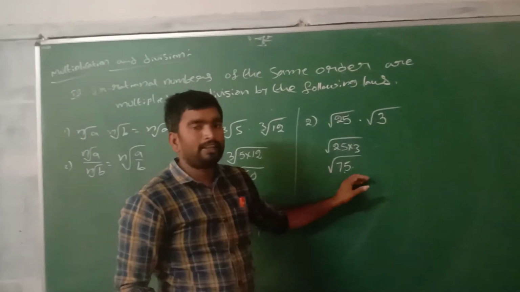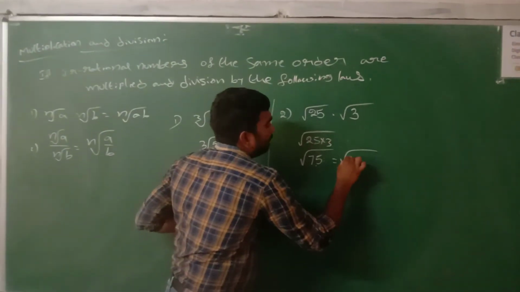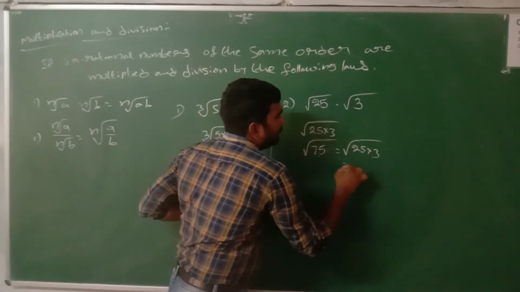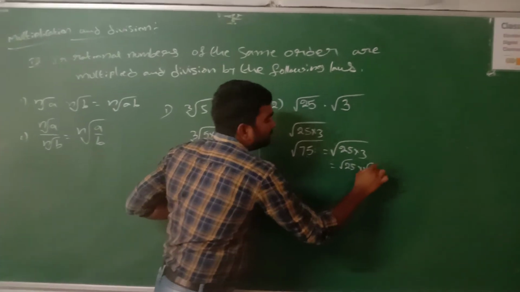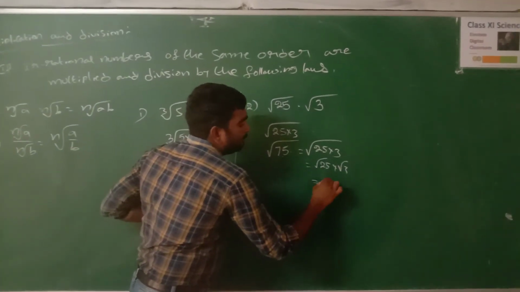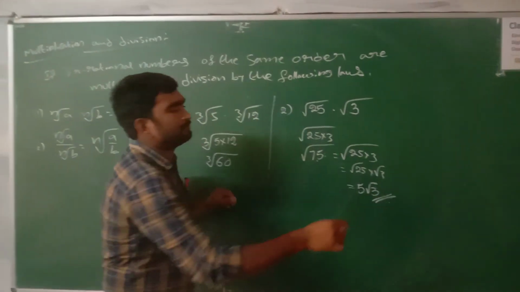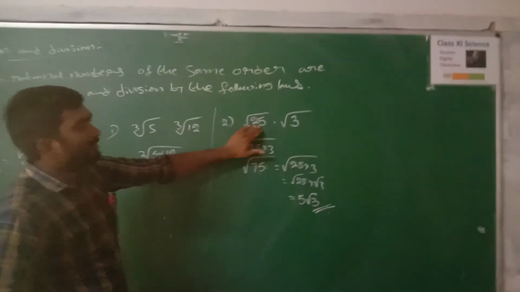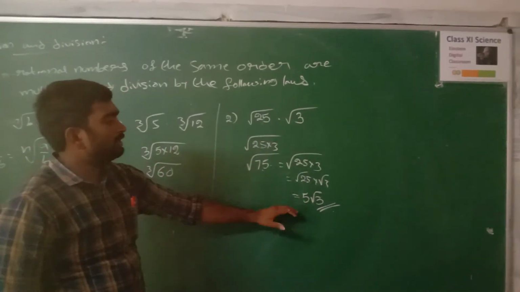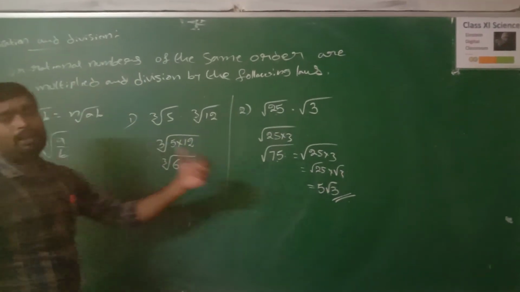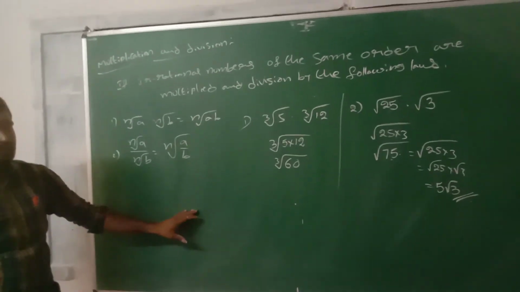It can be converted: square root of 25 into 3 is equal to root 25 into root 3. The root 25 value is 5, so 5 into root 3. So this is another example of the multiplication of irrational numbers.